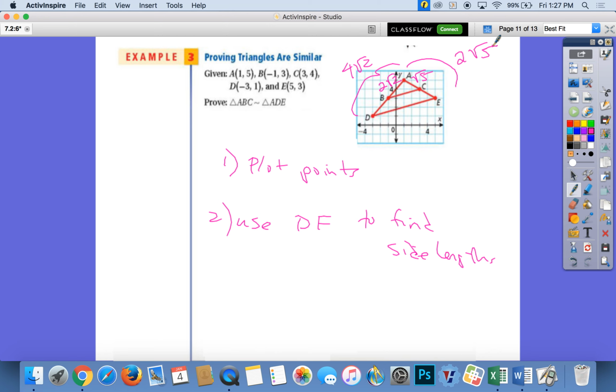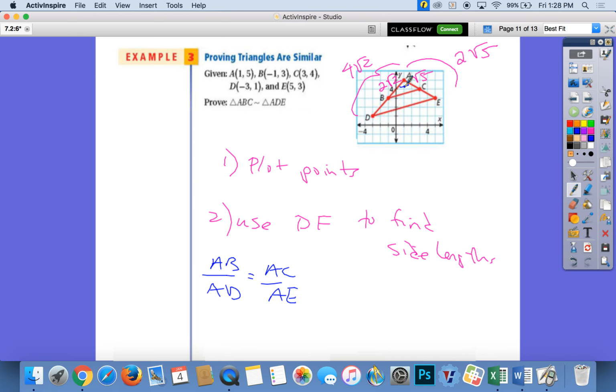Now what we want to do, and this is where it gets just a little tedious, we want to show that AB is proportional to AD, and that AC is proportional to AE, because we already know that angle A, by the reflexive property, is congruent to itself.